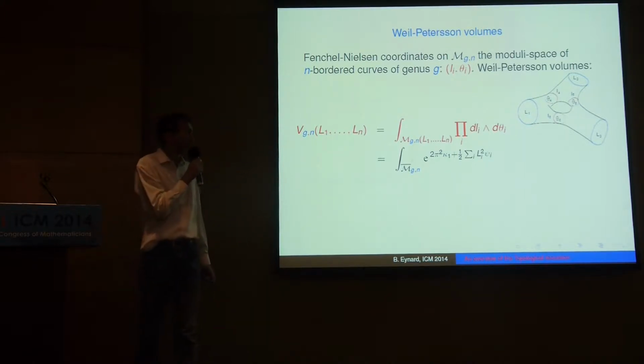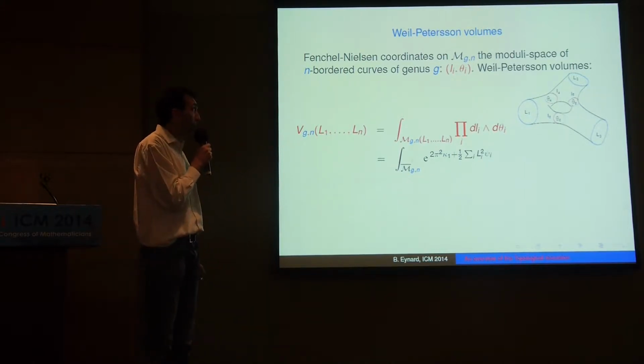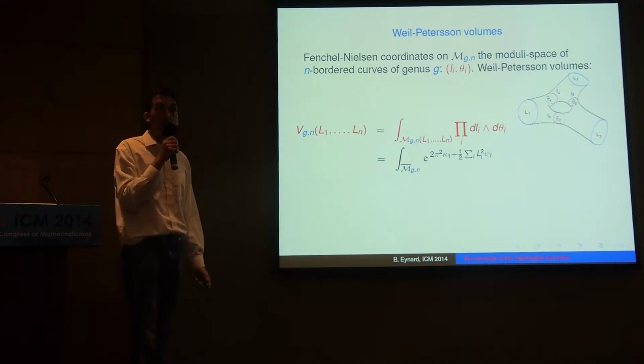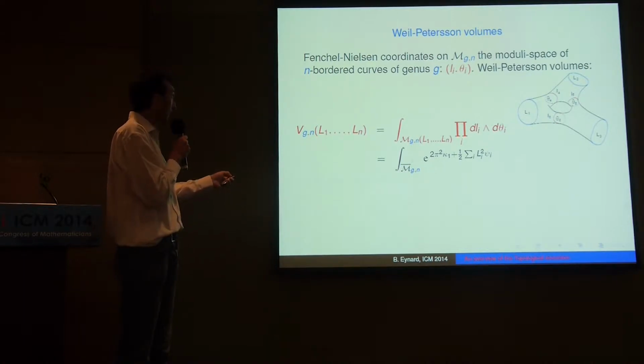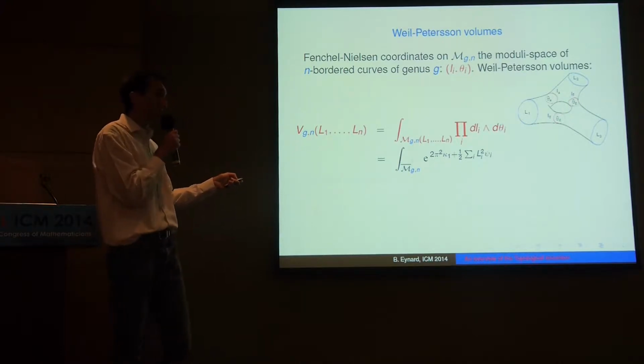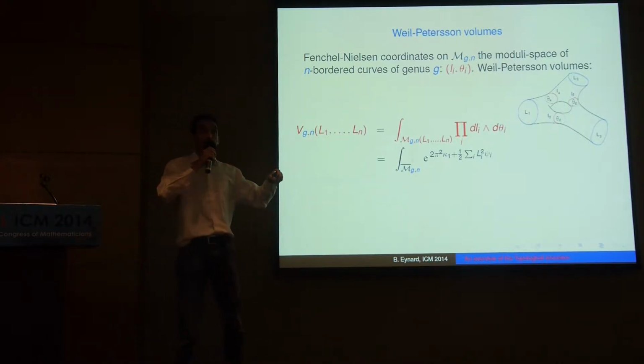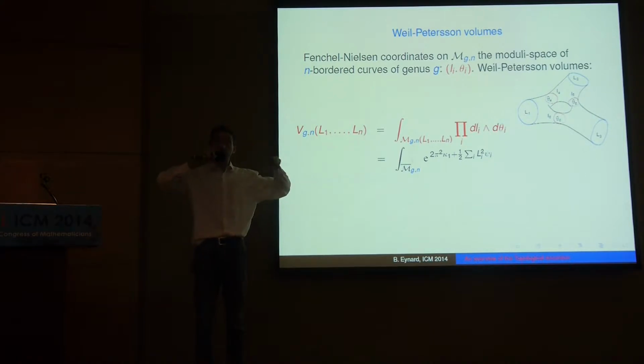It's the Poincaré metric. Then cut your surface into pairs of pants, such that the boundaries of the pairs of pants are closed geodesics. The Fenchel-Nielsen coordinates are the lengths of those closed geodesics, and also the twisting angles, because when you glue two such geodesic boundaries together, which are circles, you can rotate them by some angle.